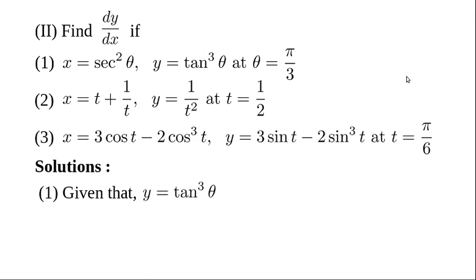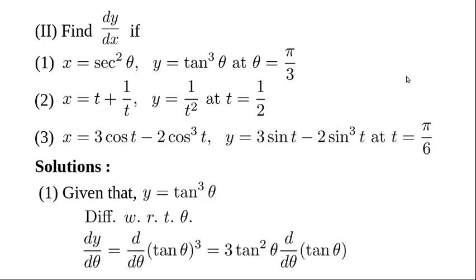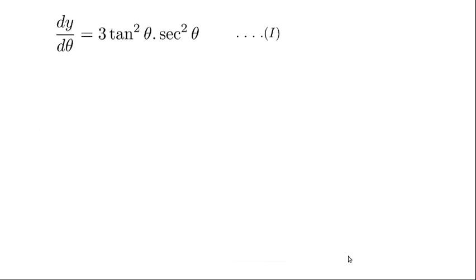So we are given y equal to tan³θ, differentiate with respect to θ. So dy/dθ equals d/dθ of tan³θ, and that is 3 tan²θ into derivative of tan θ. So dy/dθ is 3 tan²θ into sec²θ. Let us call it as 1. Now x equal to sec²θ.